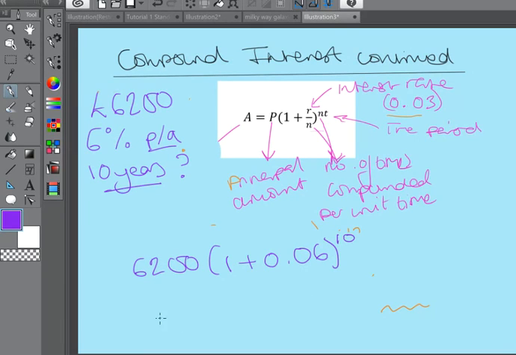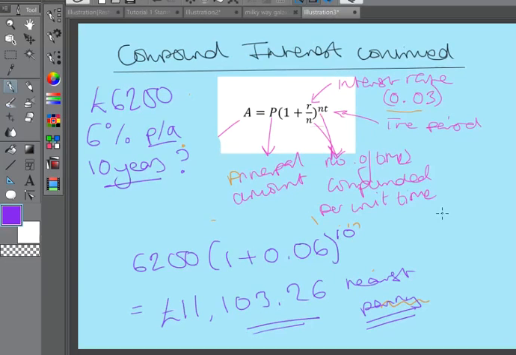And that's it. Plug that into your calculator and you should get a quite healthy sum of £11,103.26. That's rounded to the nearest penny. And quite often it'll say round to the nearest penny.